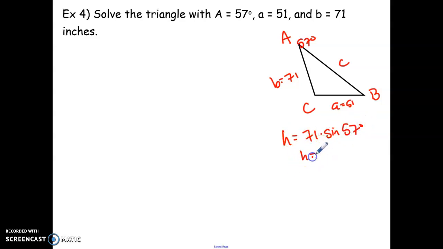So when I type that in my calculator, 71 times sine of 57 gives me 59.5. Okay, since a is less than my height, 51 is less than 59.5.